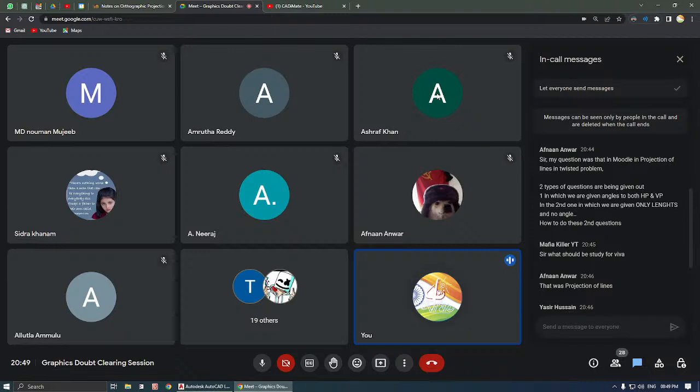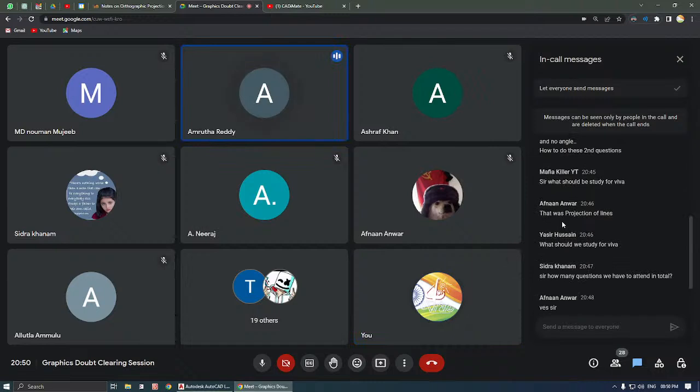If you answer that basic question correctly, then they will slowly start asking more in-depth questions. Most of the time, these deeper questions depend on how you answered the previous question. They will keep increasing the difficulty, and the more questions you solve, the more marks you will get. That is how Viva will go on.